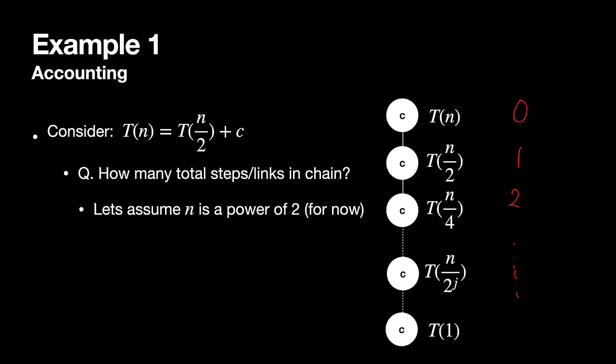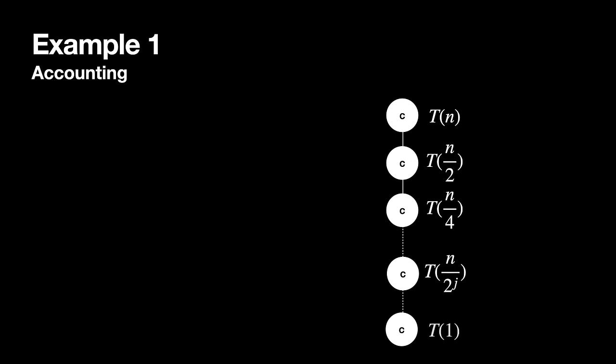By the way, to make this a little bit simpler to think about for now, we'll also assume that n is a power of 2, so that we evenly and cleanly get to T of 1. If that's the case, then there will be log base 2 of n total steps. So let's do some accounting. We start with a depth of 0. We go to a depth of log base 2 of n.